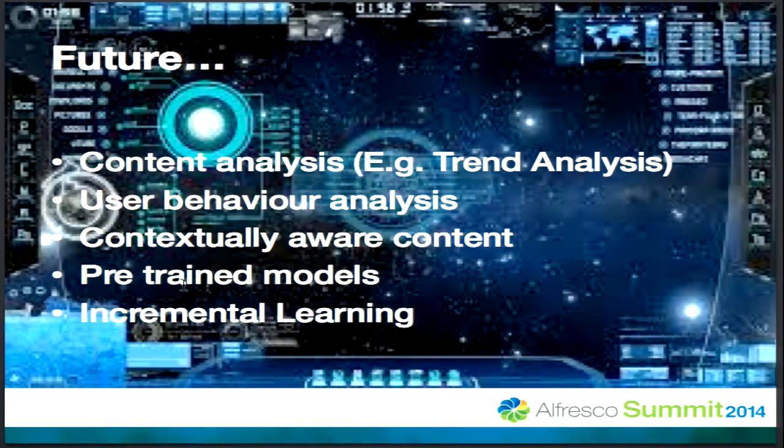Also user behavior analysis: if you analyze the user behavior and also have contextually aware content, if you know the content and the user, you can give personalized results to the user. We are also looking into pre-trained models because model creation is a very expensive process, and incremental learning to improve the performance. There we are considering only the changed documents to generate the model, not the entire content all the time.